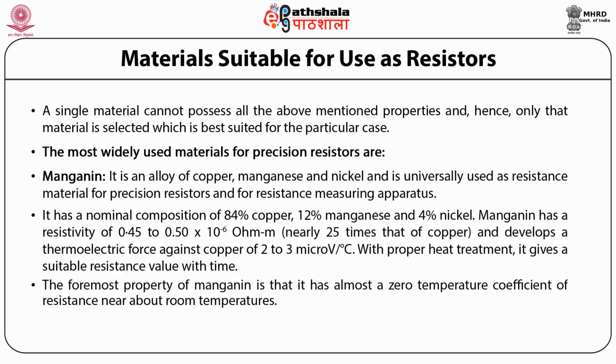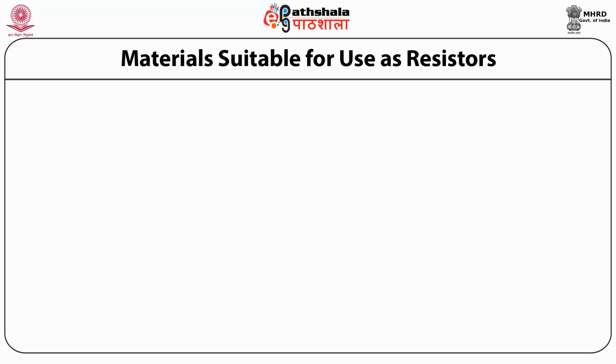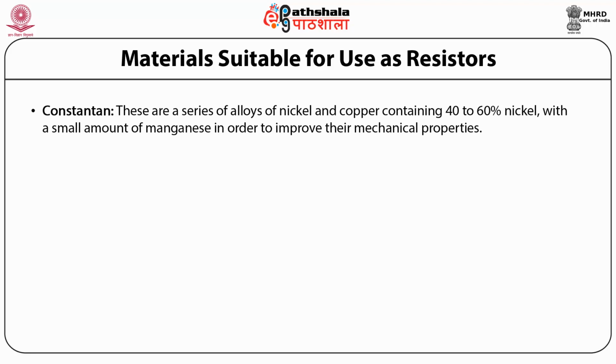The foremost property of manganin is that it has almost a zero temperature coefficient of resistance near about room temperatures. Manganin is used for resistances of very high accuracy when the temperature is not expected to rise above 15 to 20 degrees Celsius. The second material used for resistors is constantan.